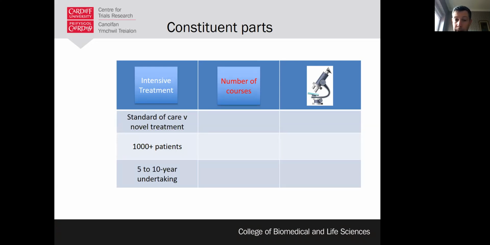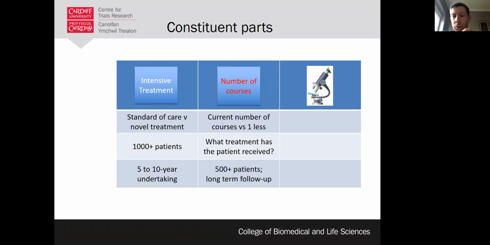So if a pharmaceutical company derive a novel treatment, then the comparison with standard of care that they would need to undertake would require many thousands of patients potentially. That would be a 5 to 10 year undertaking, and if the pharmaceutical company were to undertake that on their own, they'd be looking at a 10 to 20 million pound clinical trial.